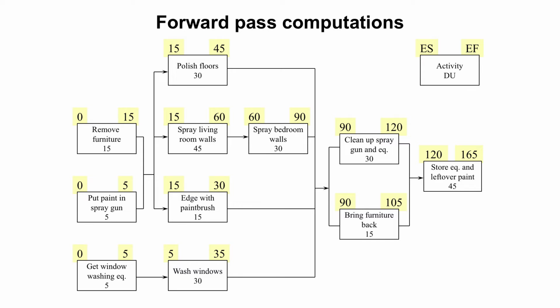For example, the polish floors activity has the early start of 15, which comes from the remove furniture early finish. And in this way, we calculate the network with a forward pass calculation, and we get with the final activity's early finish 165 minutes. So this is the shortest duration that this project can take.